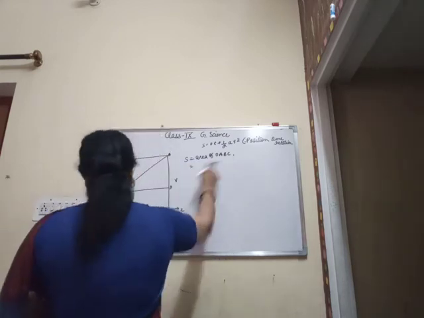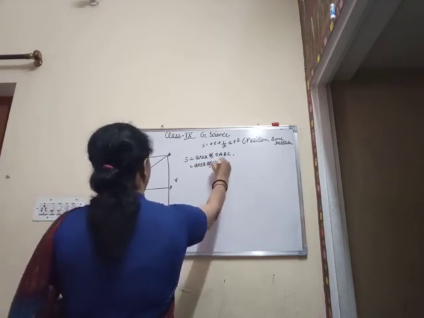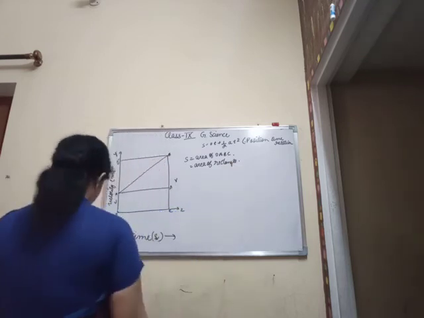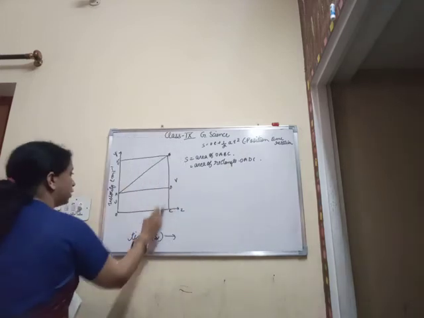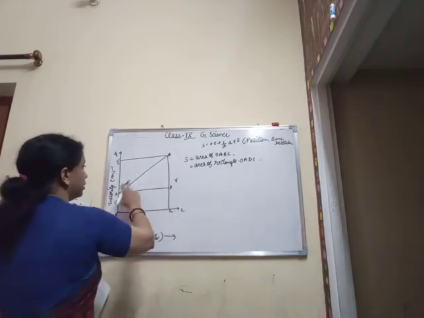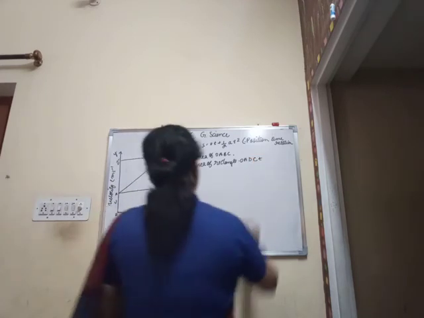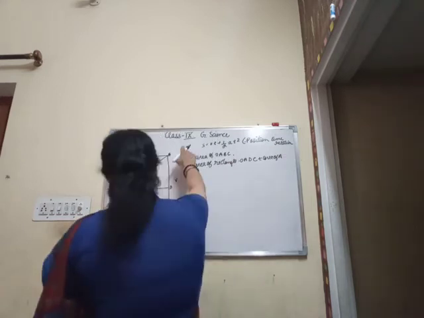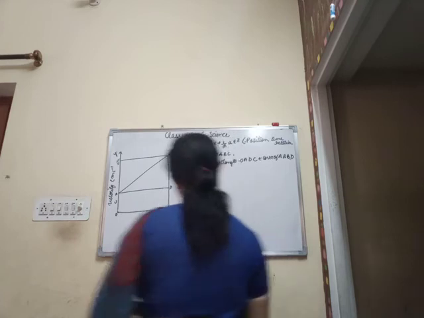So what is the area of OABC? Area of the rectangle OADC, plus area of the triangle ABD.